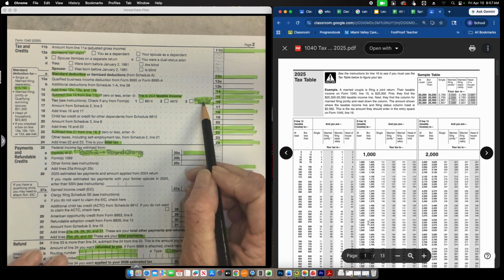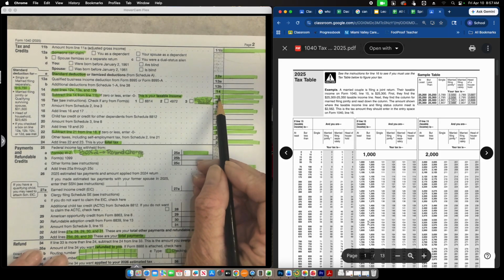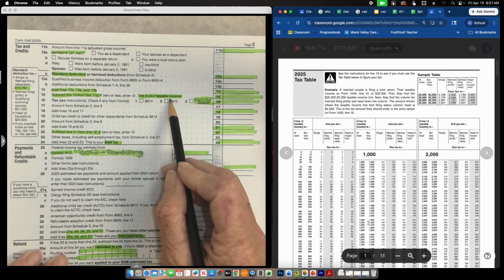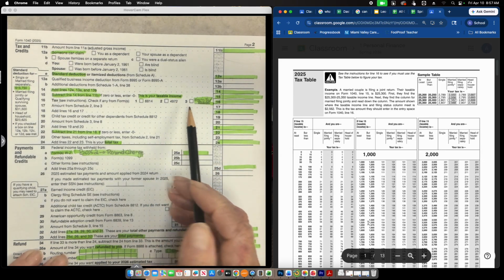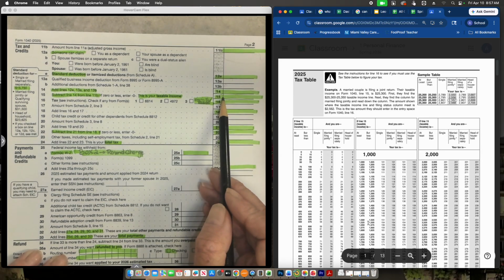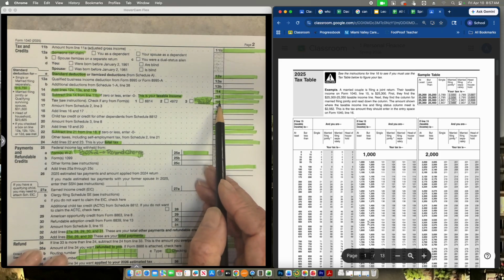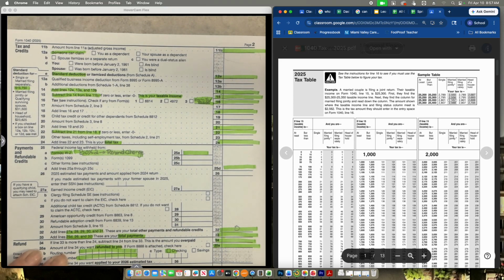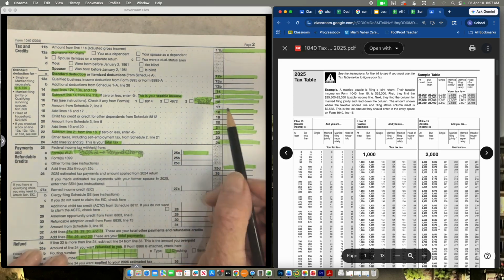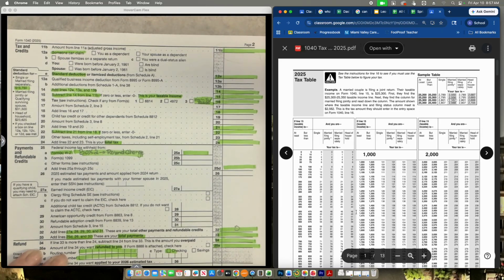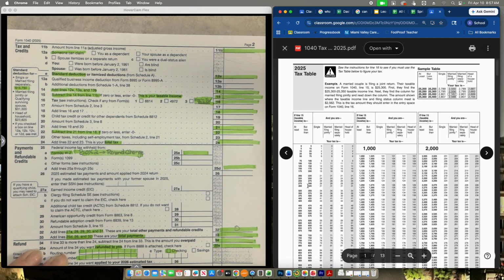So whatever is on line 15, okay, you are going to look up in that number, and you're going to put that number over here. So if line 15, let's just pretend it was $300, you would put 31.